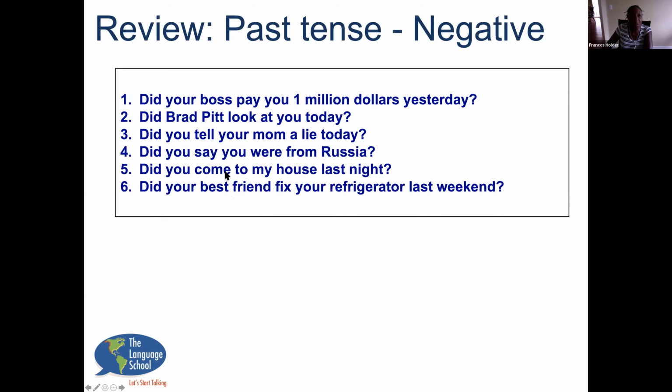Come and go, basically they work the opposite to how they work in Spanish, okay? It's a little bit complicated, but the best thing to do is stick with the verb as it is in the question. Because if you start to think, oh, am I going or am I coming?